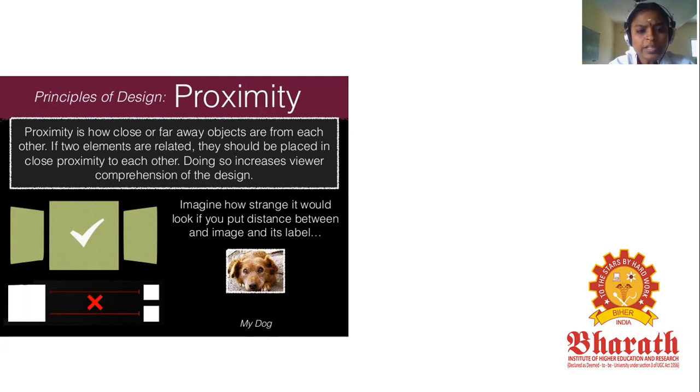Imagine how strange it would look if you put distance between an image and its label. The principle of proximity in visual design states that items close together are likely to be perceived as part of the same group, sharing similar functionality and traits.